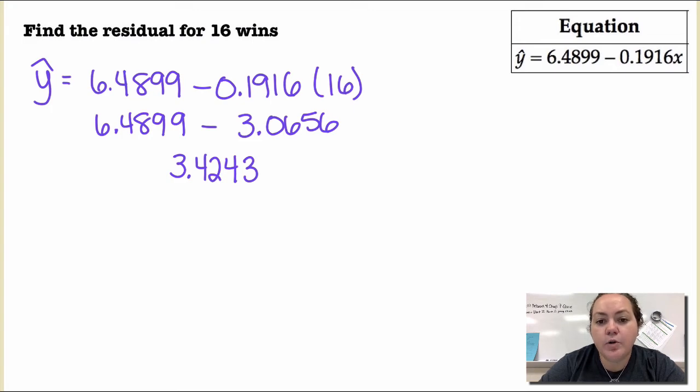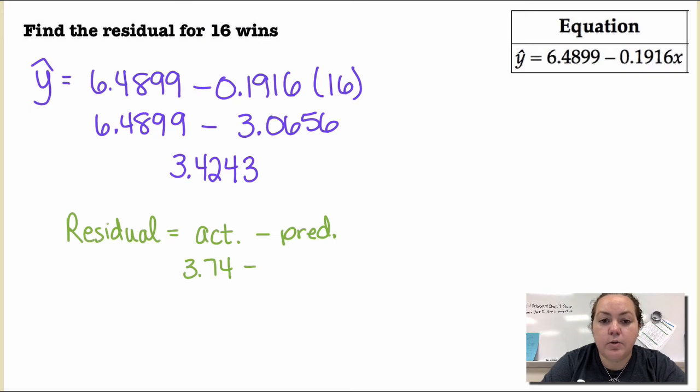My actual earned run average for 16 wins was 3.74, minus the predicted earned run average for 16 wins that I just calculated, 3.4243. When I subtract, I get 0.3157 as my residual. So that's how far off my prediction was from what I actually got.